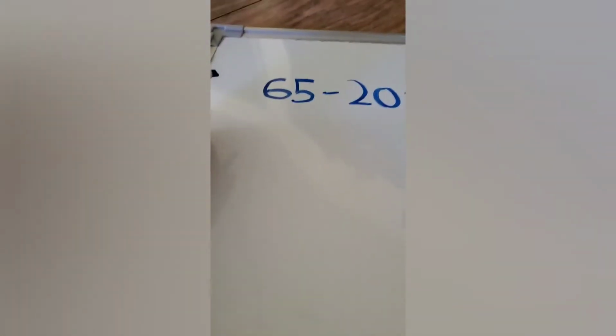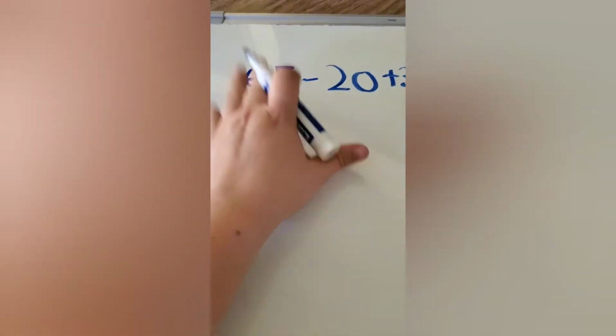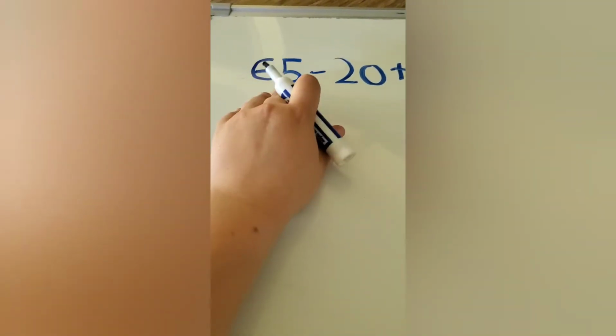All right. So now that you have paused it and you've gotten the answer, let's do this together. Let's see if we got it right. So the first thing we do when solving a number sentence like this with a subtraction and addition sign in it, we always start with this number first, this number to the left.